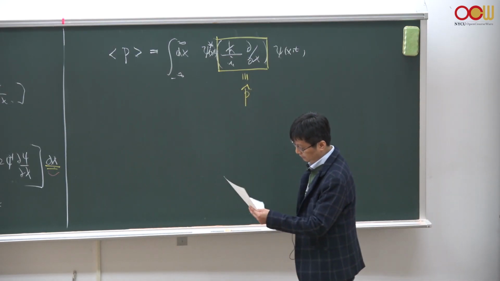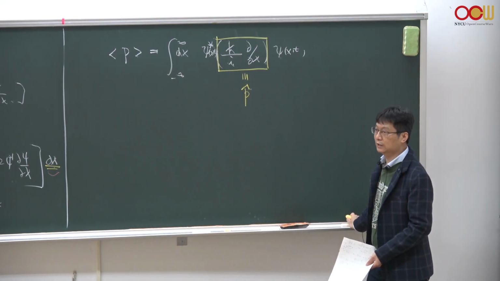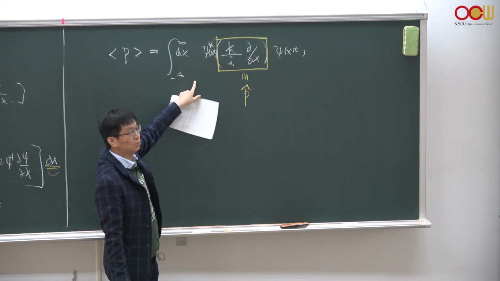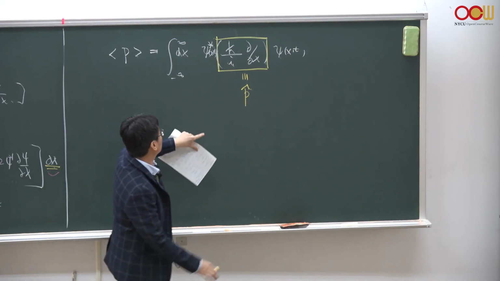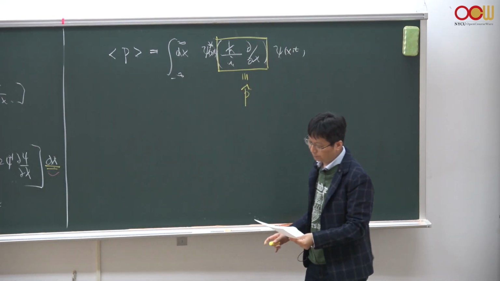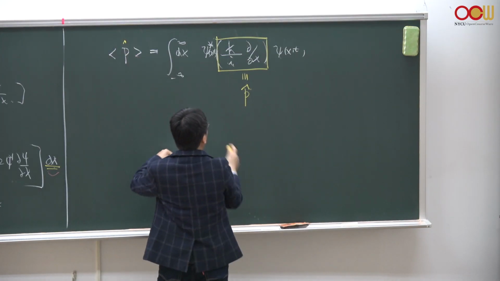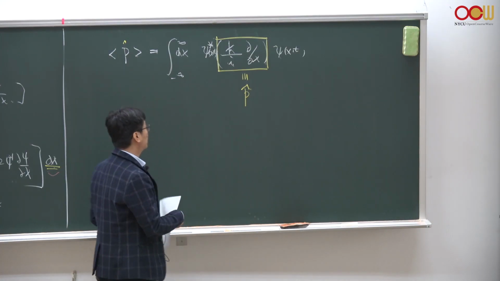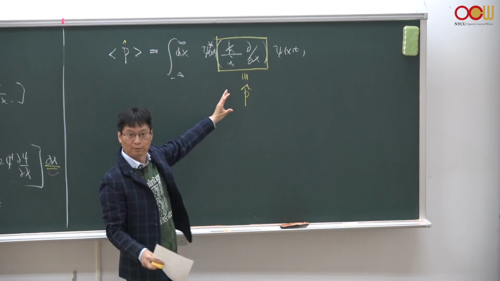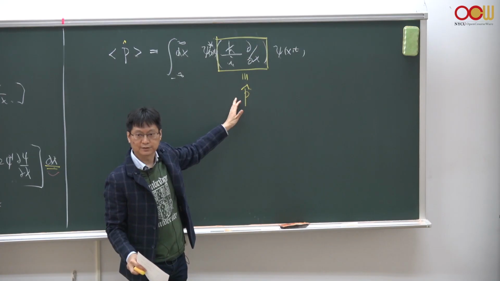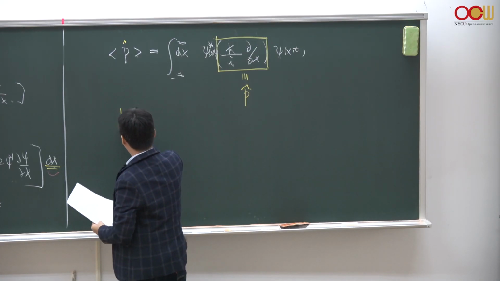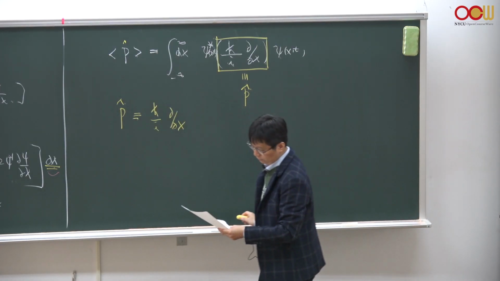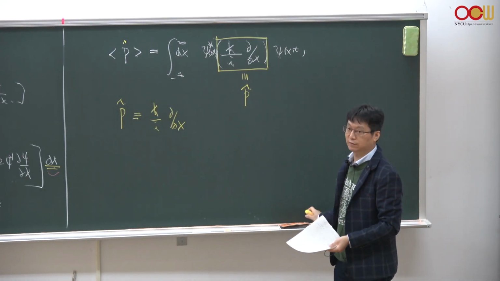So quantum mechanically, if we evaluate this expectation value of the momentum operator, you should evaluate it this way. And you could just take an abbreviation of this momentum operator by removing all these integrations and psi star and psi, and just extract the essence of this momentum operator. As an operator, this operates like this. So this qualifies the definition of the operator.